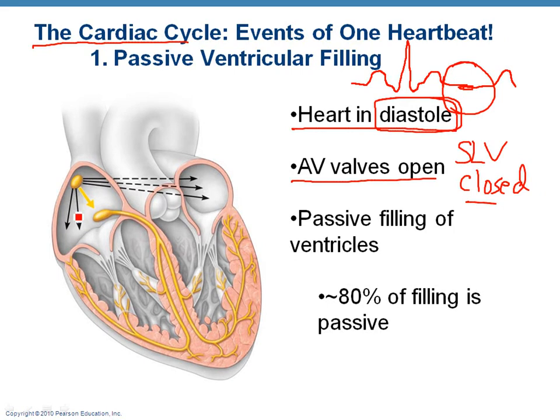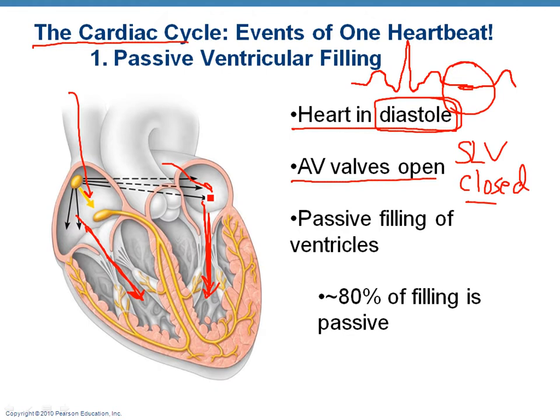During this time, you have passive filling of the ventricles. So those AV valves are open. Blood is being returned to the atria, either through the pulmonary circuit or from your systemic blood vessels via the superior vena cava and the inferior vena cava.